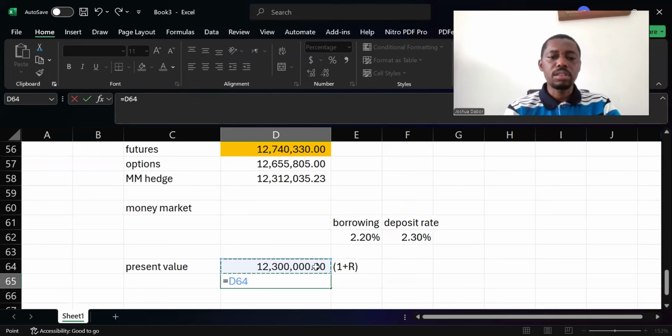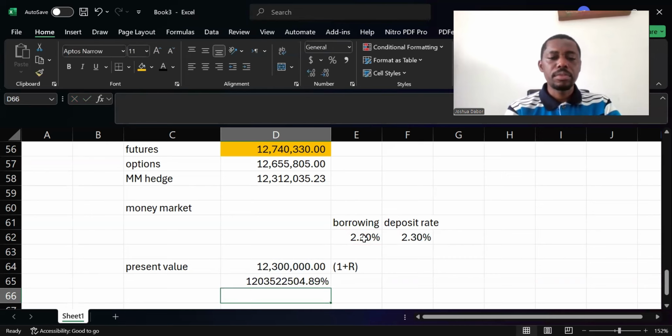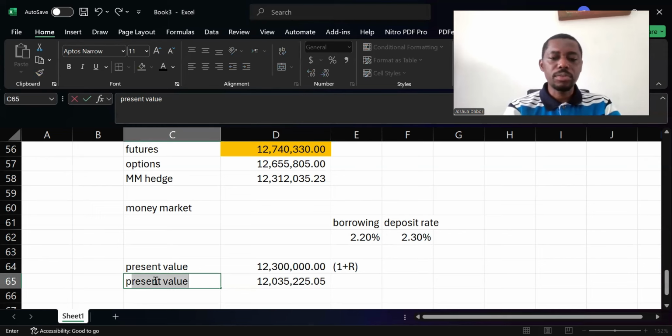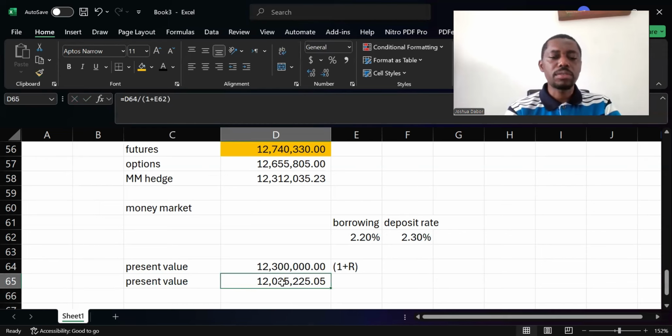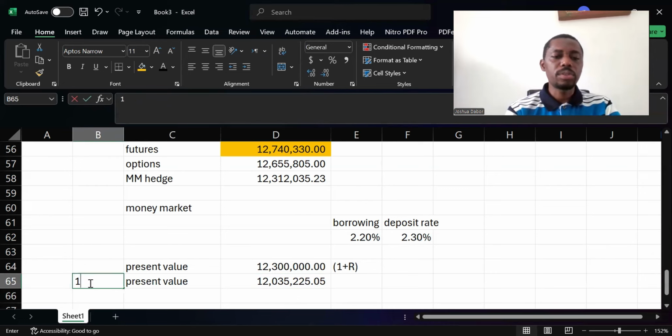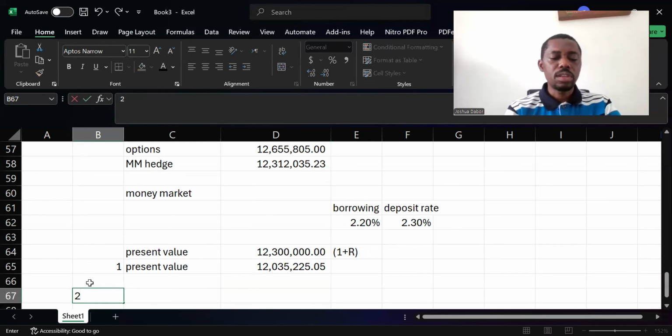So this will now be divided by 1 plus, this is my R. So therefore, the present value of the amount to be borrowed is this. So this is step 1, borrow the present value. Step 2 is to do what?